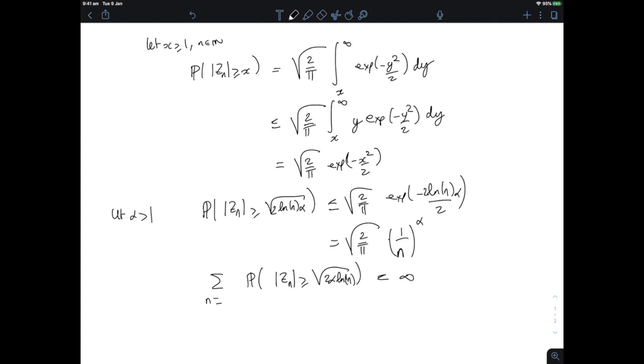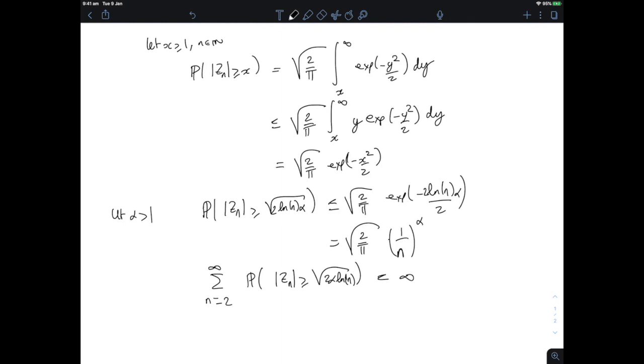Maybe you don't want to start at n equals 1, because then log n is 0 and this doesn't quite work because I want x to be greater than 1, but let's start at 2, and I have a sequence of events whose probabilities can be summed up.